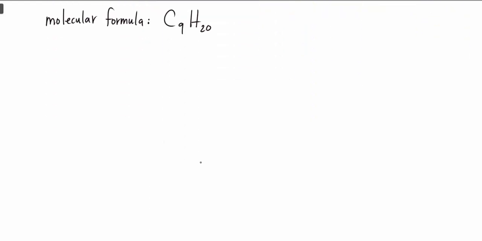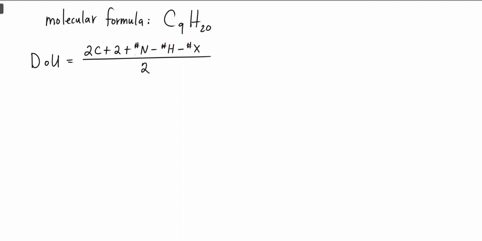So if we have C9H20, our degree of unsaturation is equal to, let's write out our formula. It would be 2 times the number of carbons plus 2 plus the number of nitrogen minus the number of hydrogen minus the number of halogen. All of that would be divided by 2.